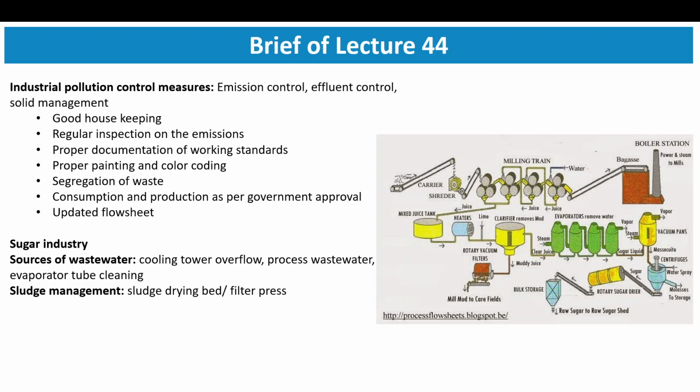For example, as I had mentioned, depending on the type of industry, the quality of wastewater or the pollutants which are present in wastewater, in air emission, or in solids will be different. The amount of wastewater generated, polluted air generated, and sludge generated varies, and also the pollutants and their concentration vary, right?